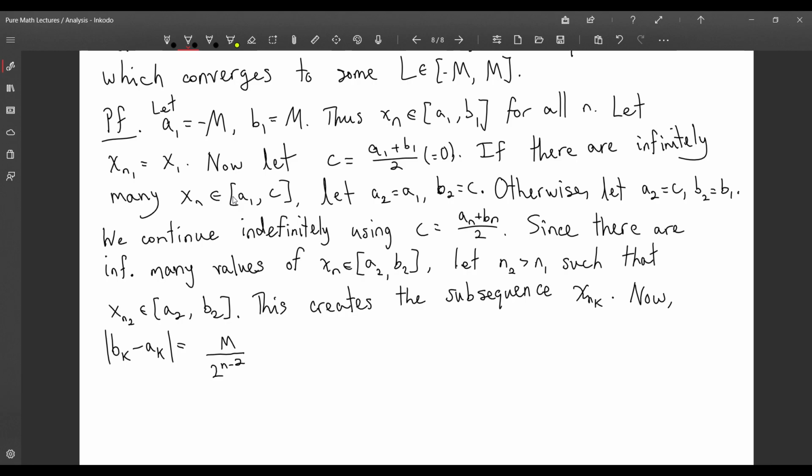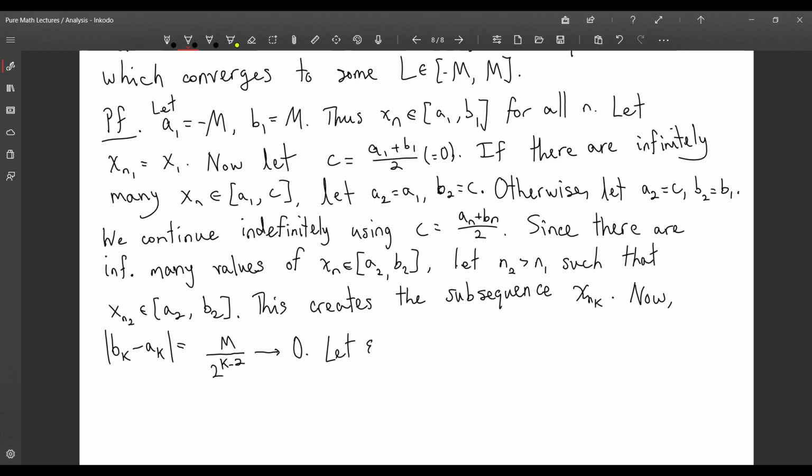And this sequence of lengths converges to 0, right? Because 2 to the k is going to grow without bound, and if we divide by that, it's going to go to 0. Of course, that is an informal argument, and you should prove it rigorously.